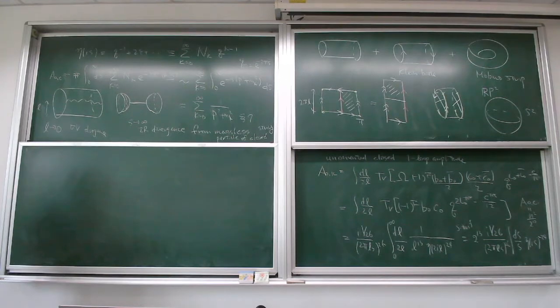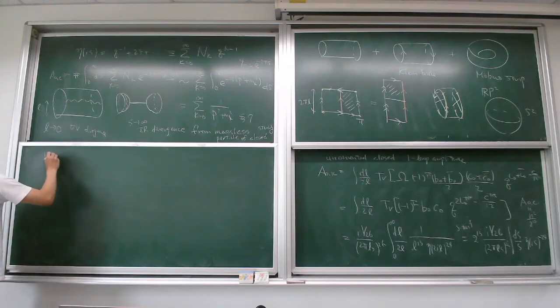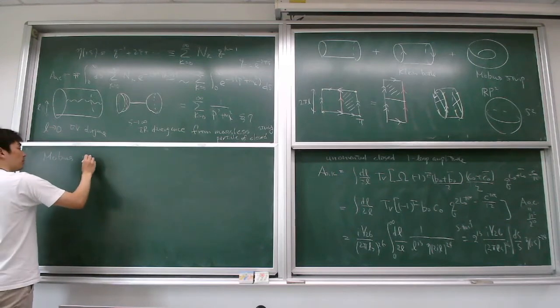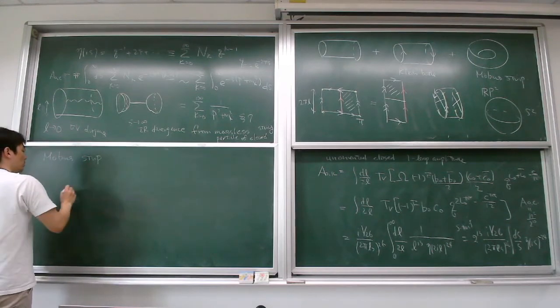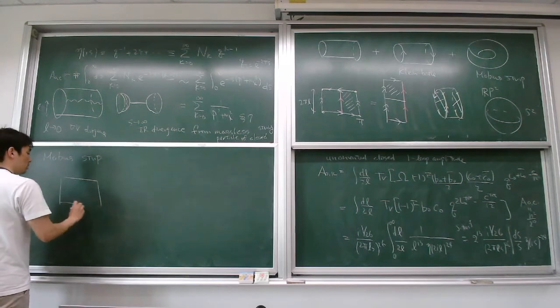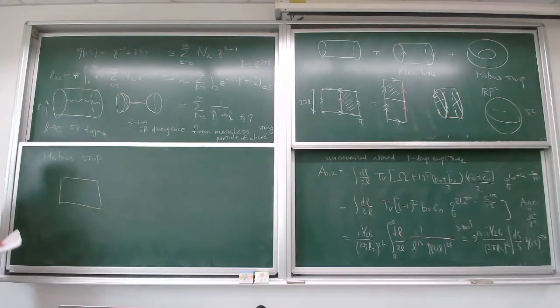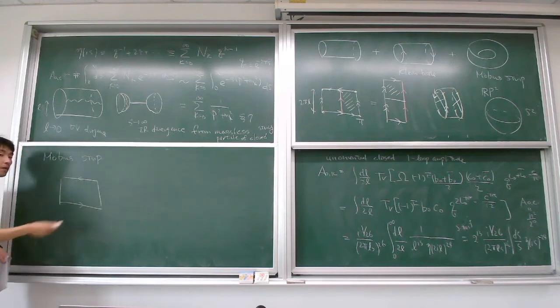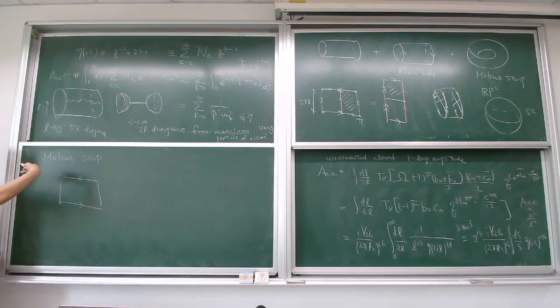So let's talk about now the Mobius strip. So for the Mobius strip, you just do the same thing. We just identify top and bottom by orientation flipping.